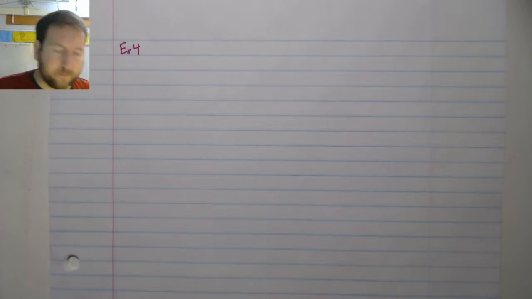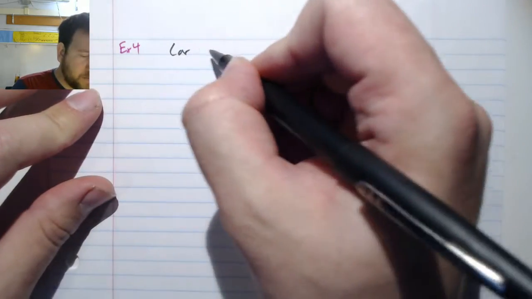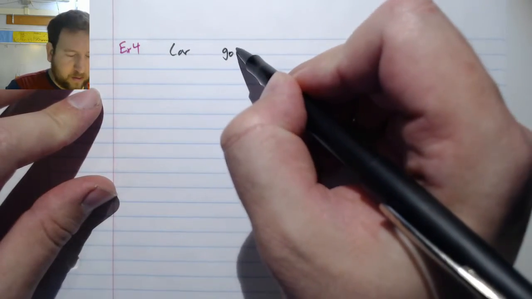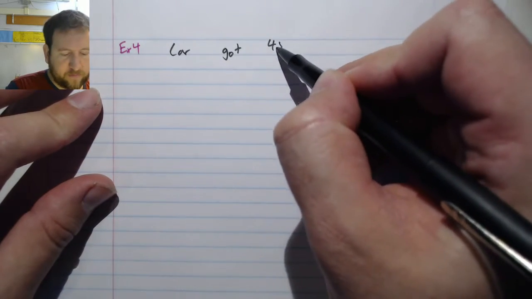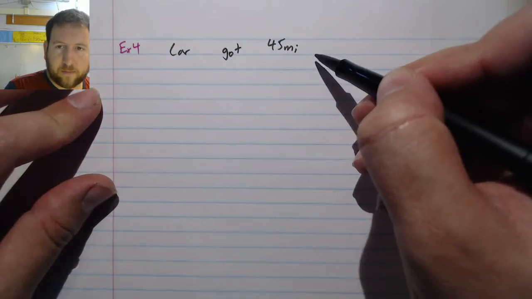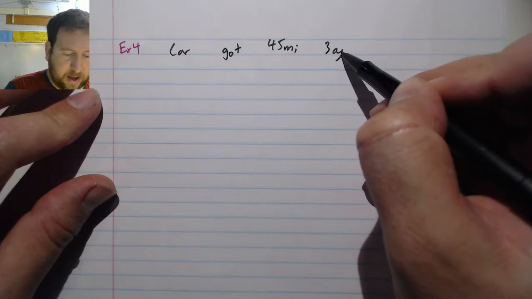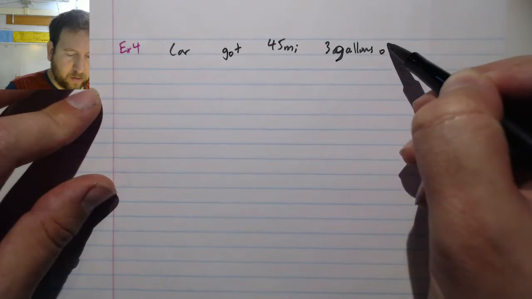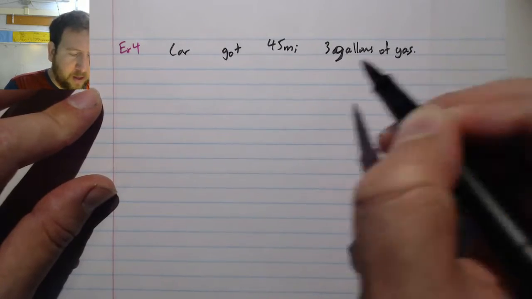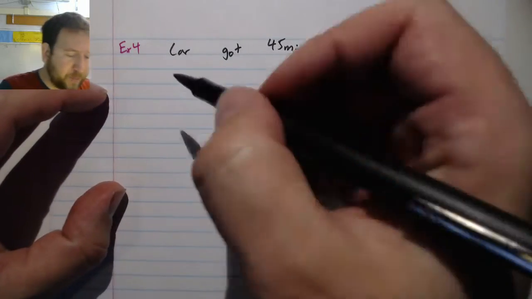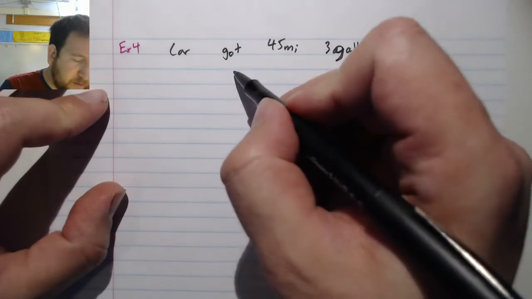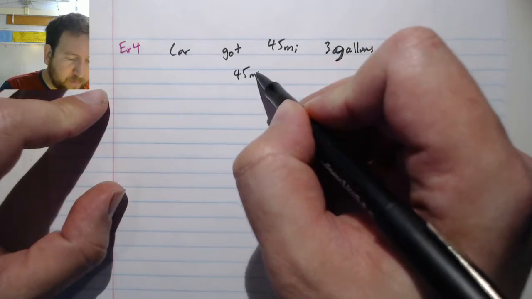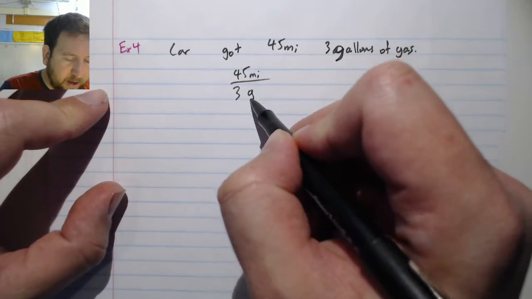And let's see. We have a car, and it got 45 miles for 3 gallons. Ooh, that's a terrible G, of gas. And we're going to turn it into a unit rate. So we have 45 miles over 3 gallons.